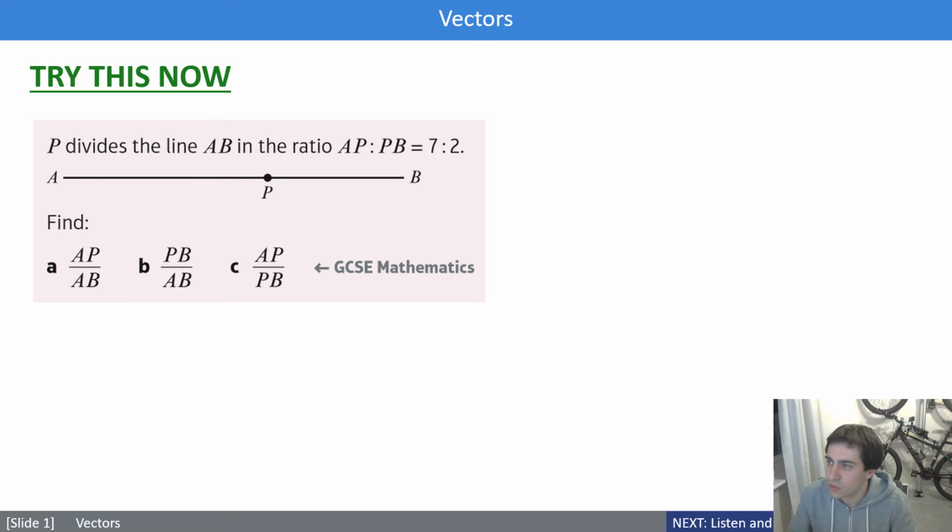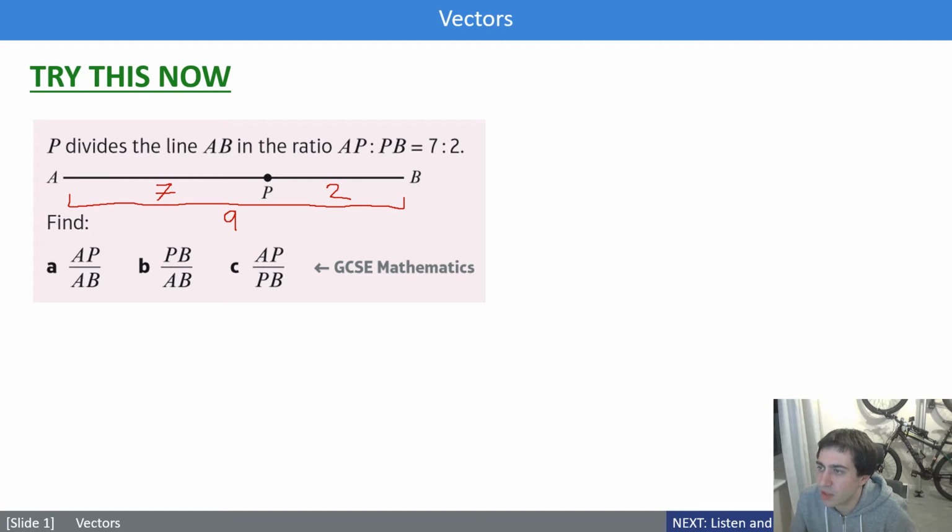Okay, so in this case, of course, we're treating AP effectively as if it were length 7, PB effectively length 2. The whole thing we'll just call 9 for now. That is to say, it's not literally length 9, we don't know how long it is, but effectively that's what we're going to do here, so that it's going to help with our calculations, because then when we find the ratios, the actual length is not relevant.